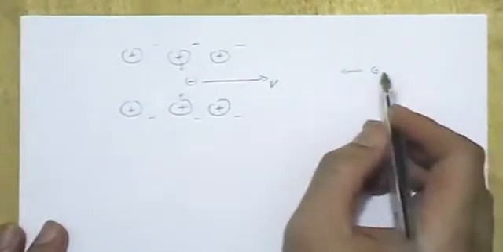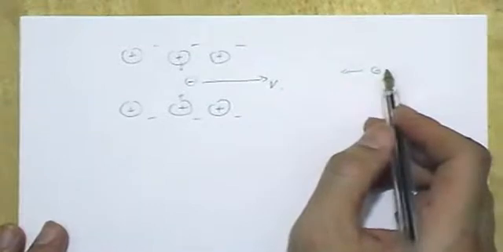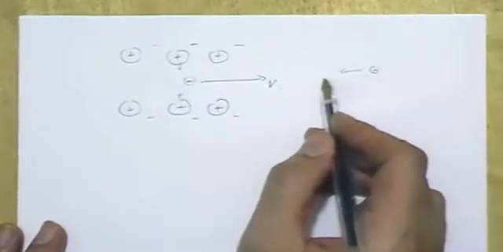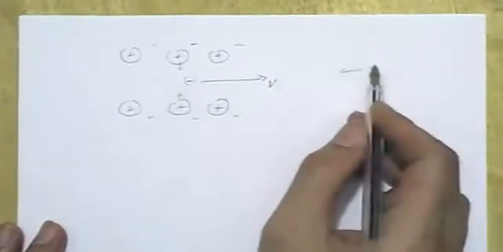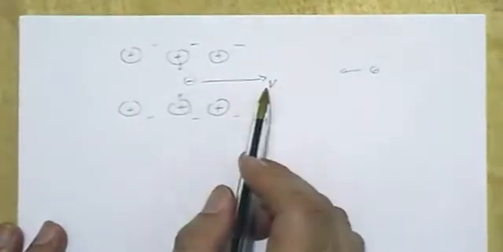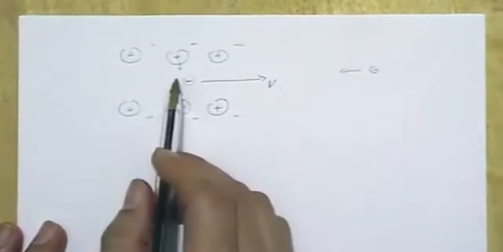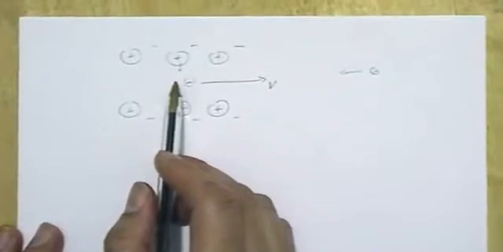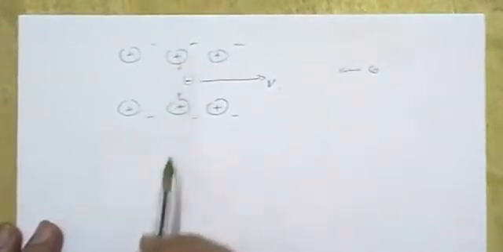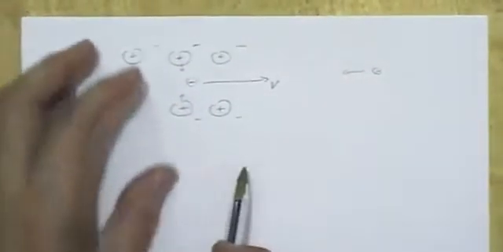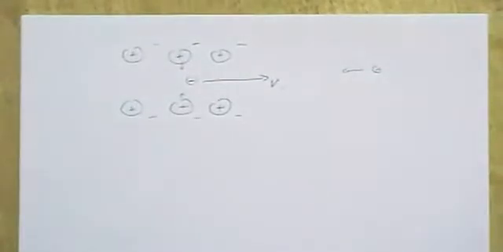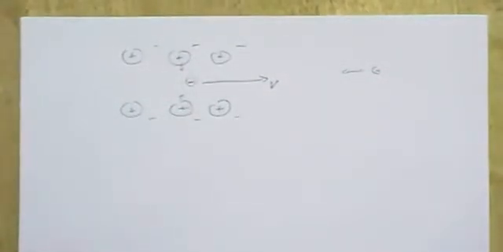So this electron might be, and if this electron happens to be moving along close to the same path as the first electron, it will experience the attraction of these two positive ions as they move slightly closer together. So that's the idea.